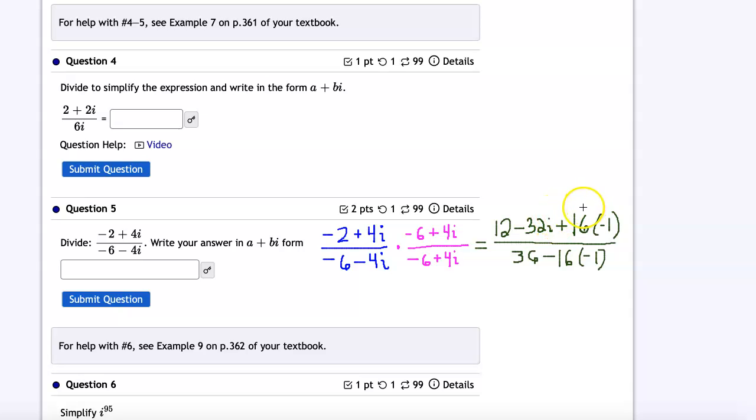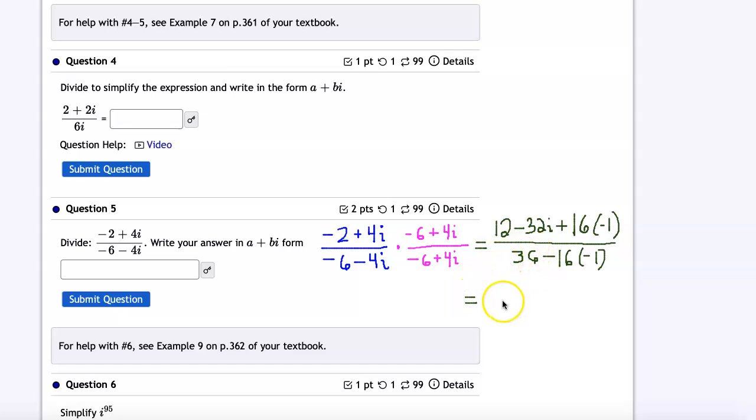The last is 16i squared, which is 16 times negative 1. Likewise, for the denominator, we have a negative 6 squared, which is 36, minus 16i squared. So this will become a positive 16. So a positive 16 and a positive 36 is a positive 52.